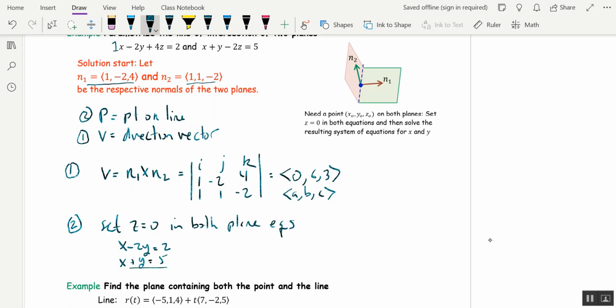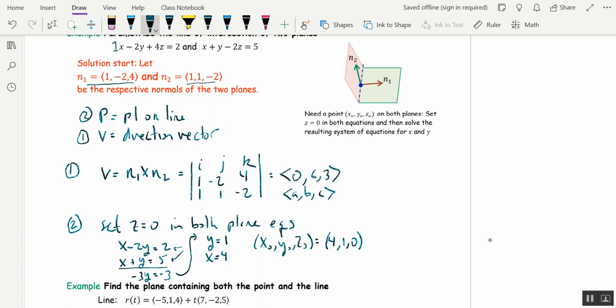I'll subtract the second equation from the first to get negative 3y is negative 3. So now I know y is equal to 1. Now I go back to either one of those equations, plug in y equals 1, and I see that x is 4. So my x naught, y naught, z naught is 4, 1, 0, because we set z equal to 0 in the beginning.